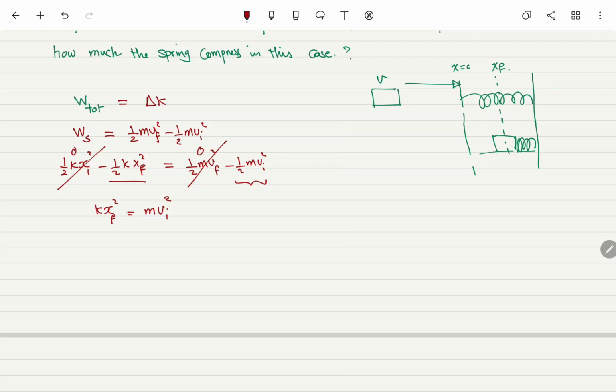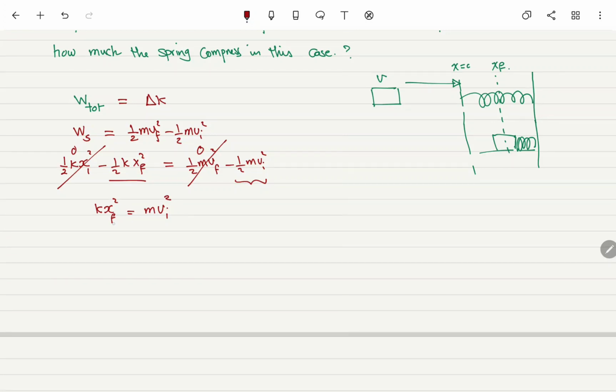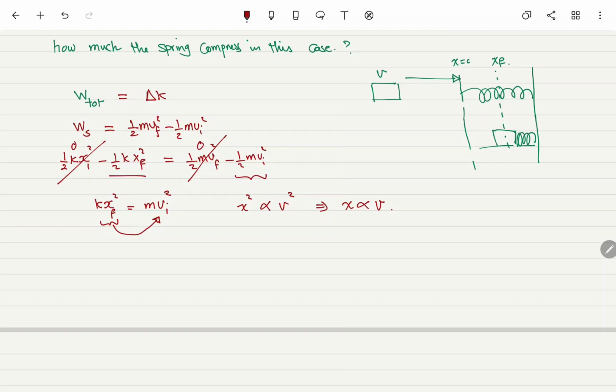From this equation, we can see that x final, the displacement, is related to v itself, so x square is correlated with v square. In other words, x is related to v. If v is doubled, then x will be doubled. So to answer this question, x will be doubled.